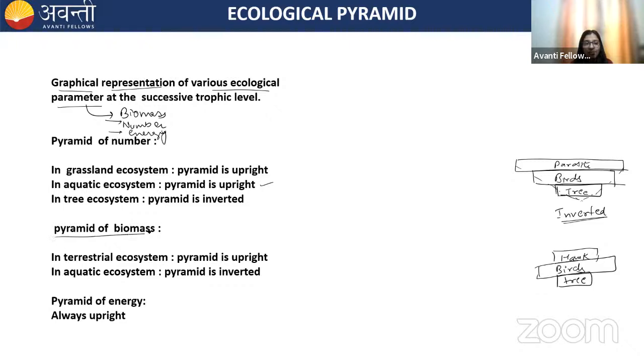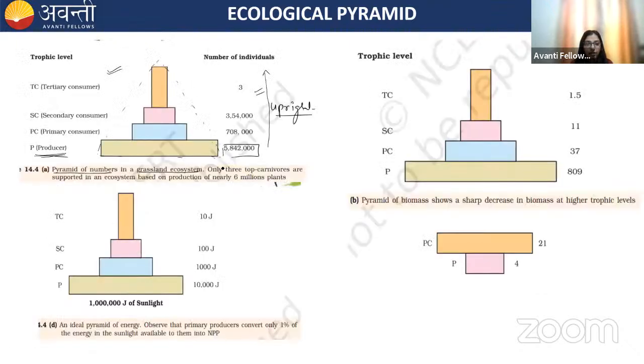The pyramid of biomass. The pyramid of biomass in the terrestrial ecosystem is upright.